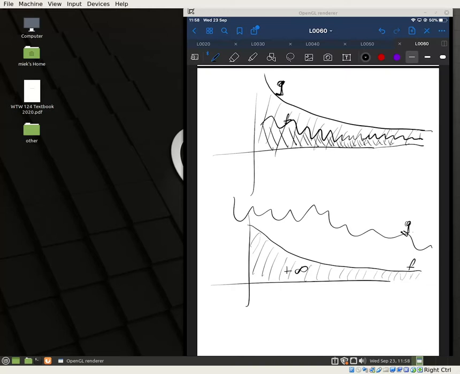So the idea here is to gain information about rather complicated functions by comparing them to simpler functions.